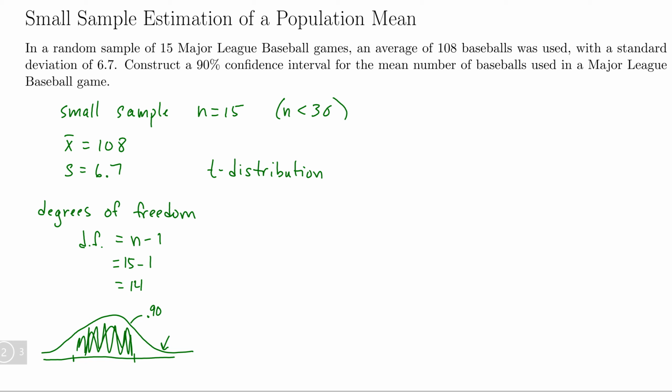Since the t distribution, like the normal distribution, is symmetric, then we can say that the remaining 10% or 0.10 is split evenly between these two tails, so each tail contains 5% or 0.05. This value on the table that you will use is called alpha. So when we look up the values on the table, we look under degrees of freedom 14 and an alpha of 0.05.